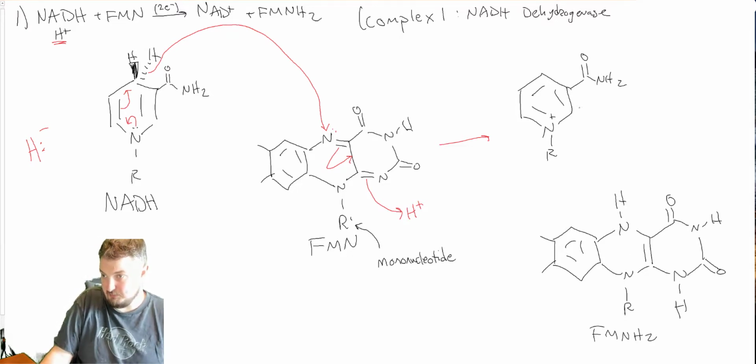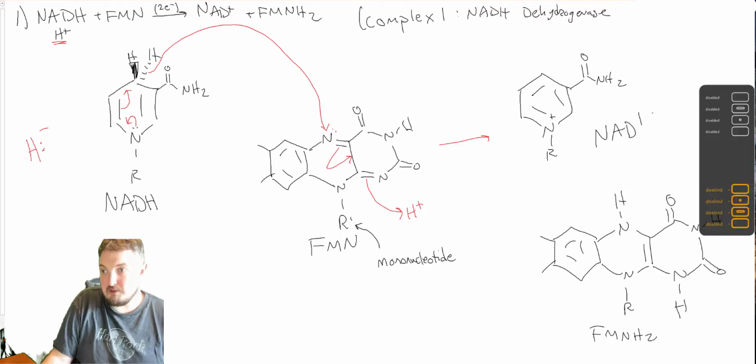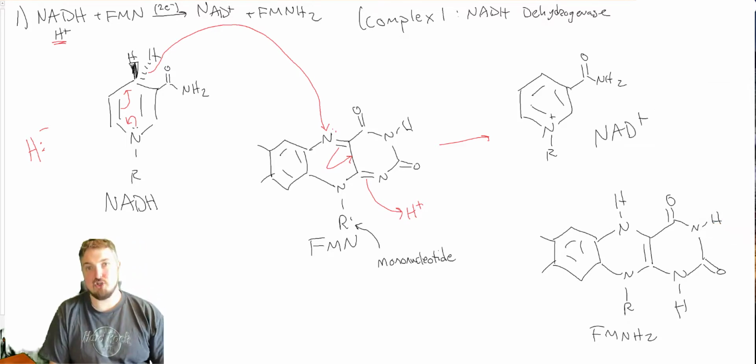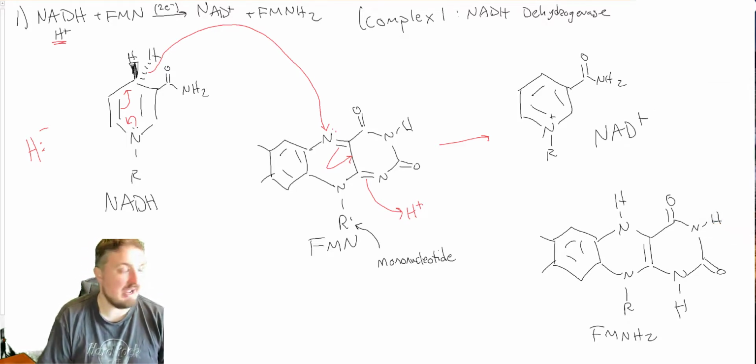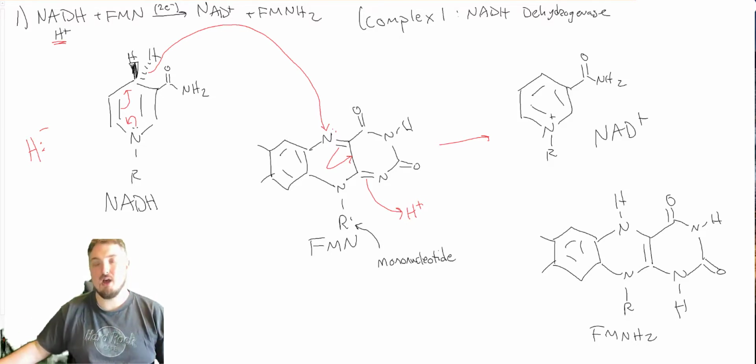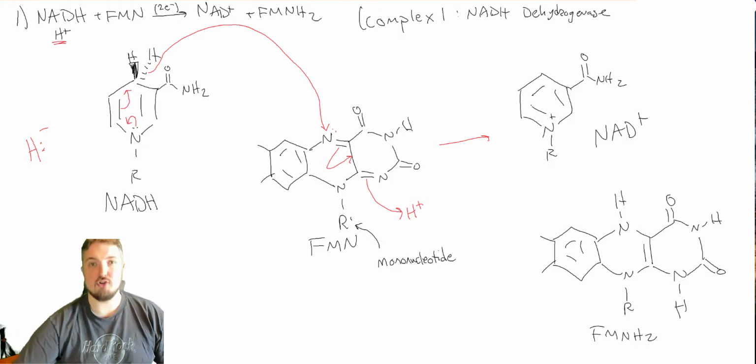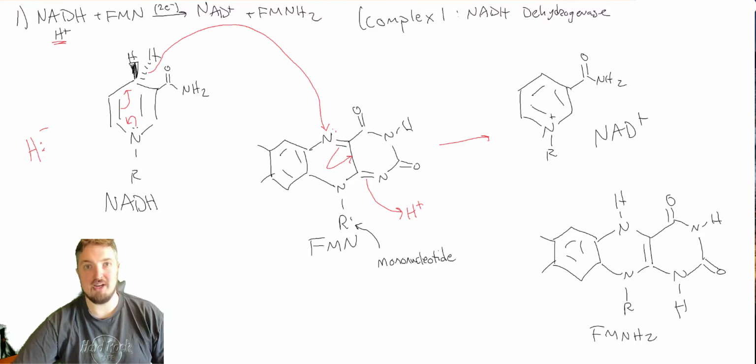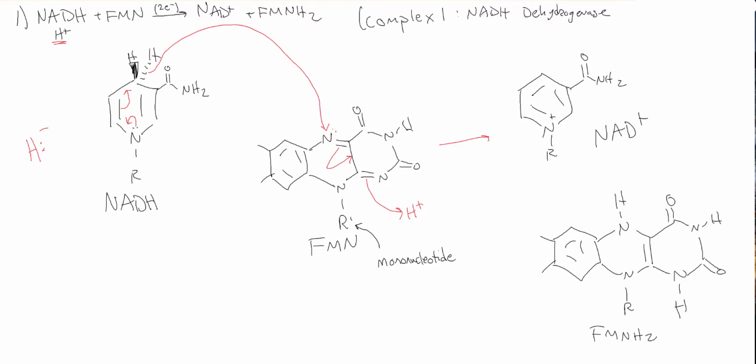FMNH2 and NAD+. And remember that this is a prosthetic group, this FMNH2, which is going to accept the 2 electrons and then trickle them out one at a time onto the iron-sulfur relay to transmit them through the protein, right? Which is a very common theme in electron transport, that those electrons get moved one at a time through an iron-sulfur cluster region.